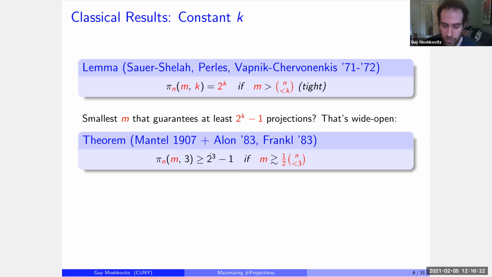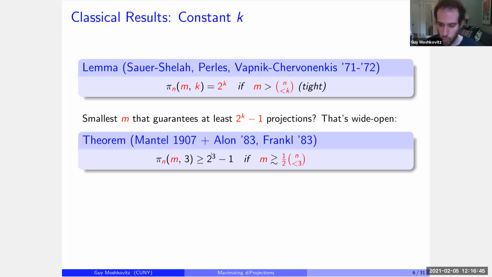So if you just want 7 projections, then without loss of generality, you can assume that no row has 3 ones. So that means every row has at most 2 ones. But now it becomes a question in graph theory, essentially, right? Identify each row, which has at most 2 ones, with an edge in a graph. So the graph would have n vertices, 1 per each column.